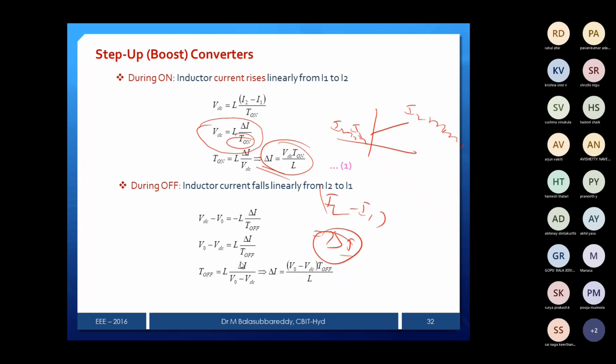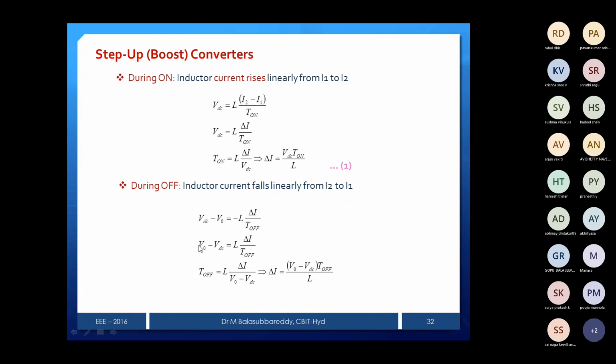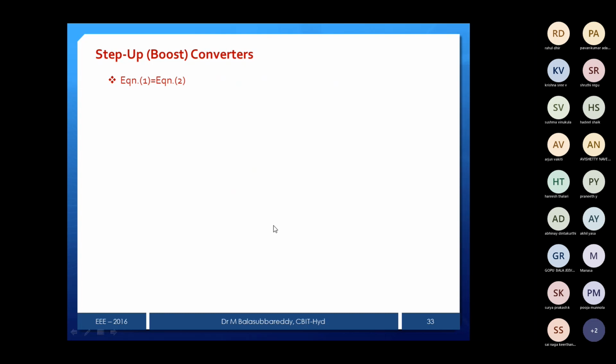T off I can write, because total time is T on plus T off. So T off is equal to this, from that also we get delta I, and this delta I is the same, and equate it, we will get the L value. That's all, simple logic.